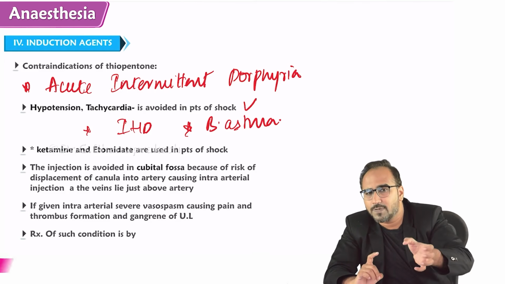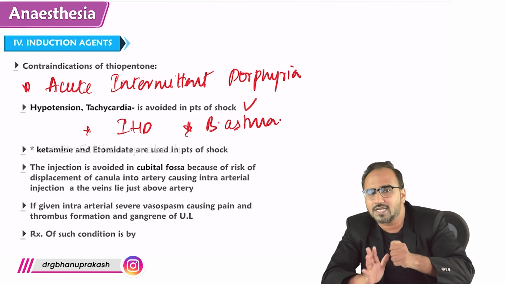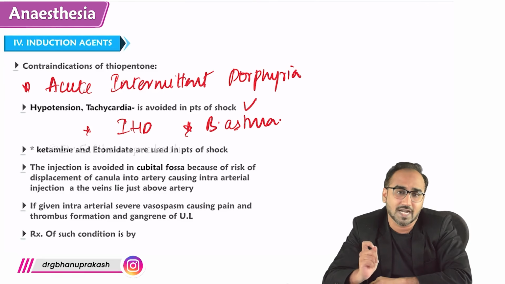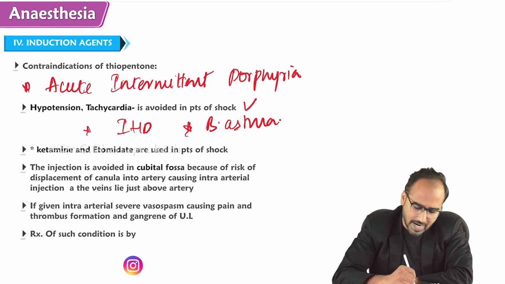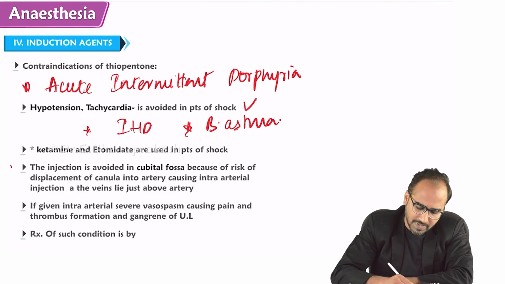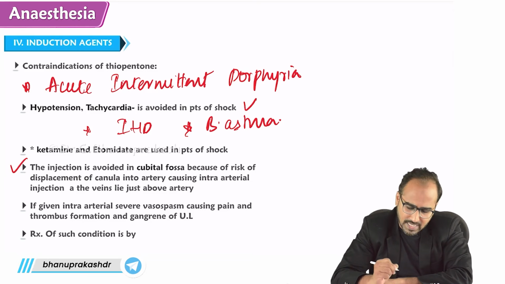Stellate ganglion is responsible for the vasoconstrictive activity of the upper limb. If you block the stellate ganglion, blood vessels will dilate, but that is the last option. So remember, sodium thiopentone should not be given in the cubital fossa, because chances of intra-arterial injection are high.